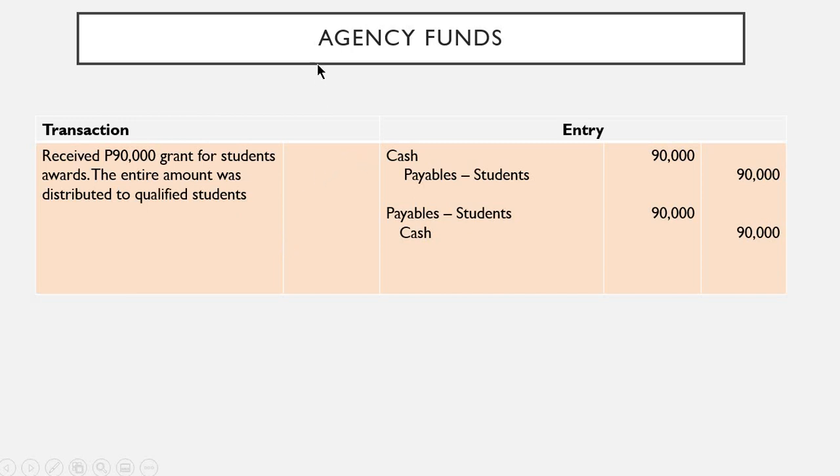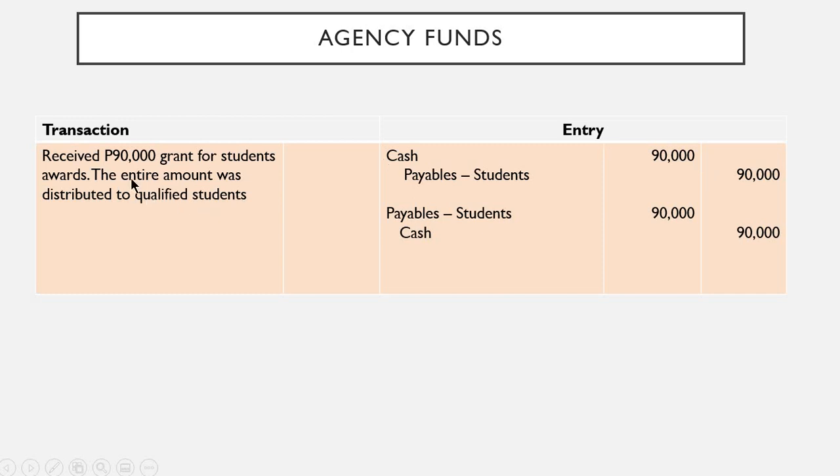So, simple. Dahil yung agency or yung properties received, no, and is classified to be as agency funds, liability mo yon. Okay? So, you have the liability of, taking good care of it. Okay? Ayan. So, debit ka ng cash, credit ka ng payables, 90,000.